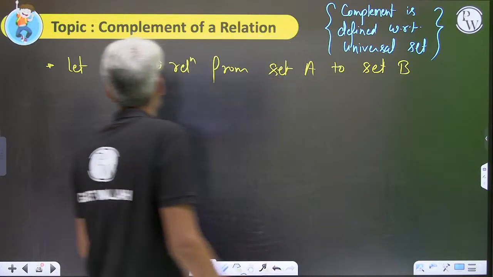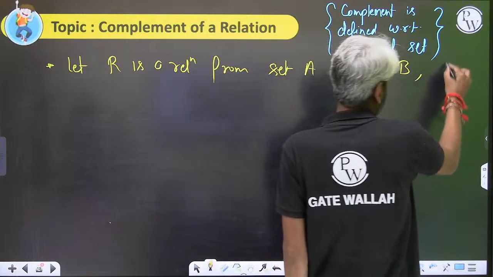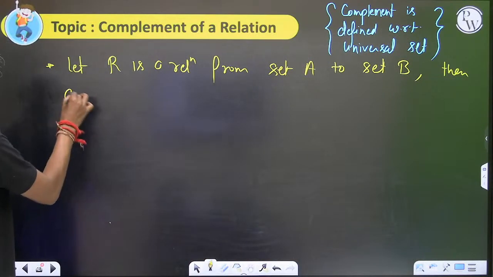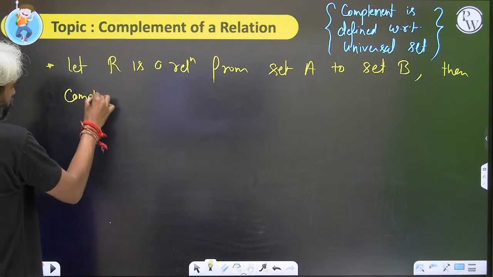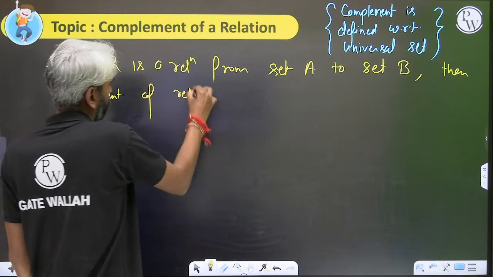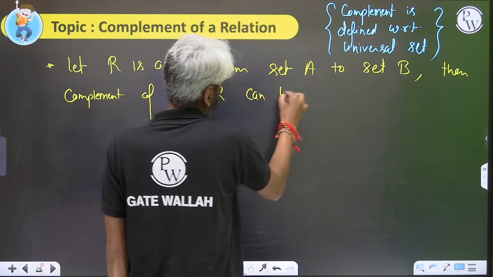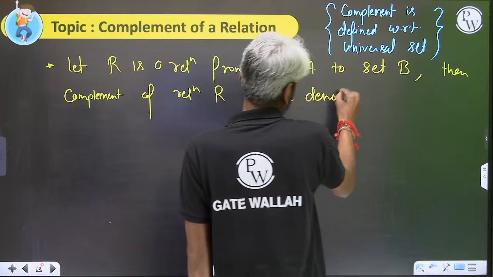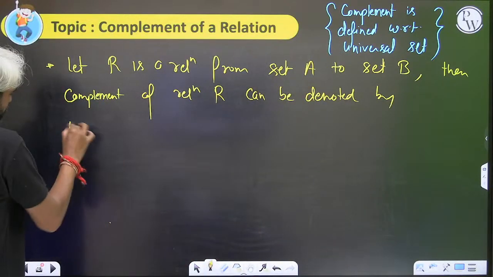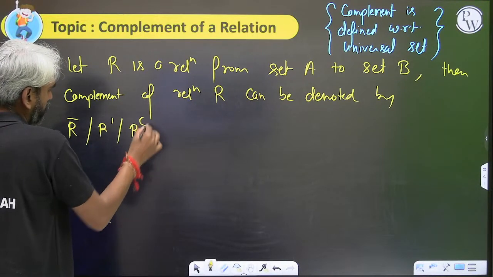Then the complement of relation R can be denoted in various ways. Sir, I can write R bar, I can write R dash, I can write R complement, etc.